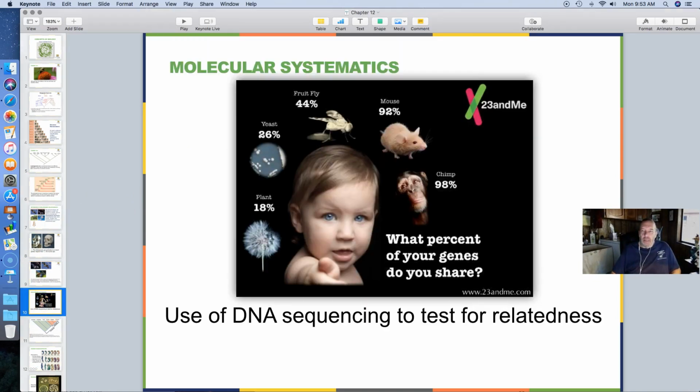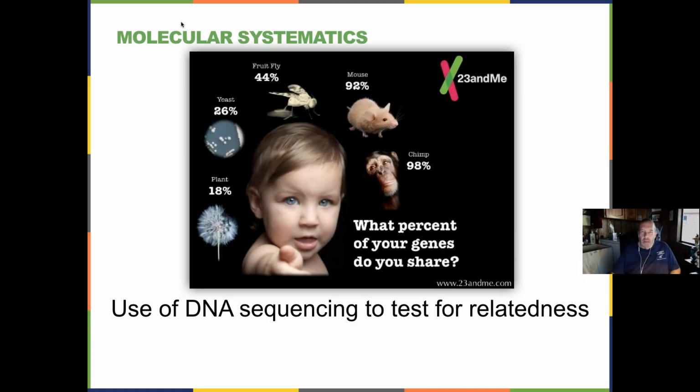But again, one of the really big steps in recent time has been the development of our understanding of DNA sequencing. And so that has allowed us to get a much better understanding using molecular comparisons to understand how closely some things are related. Again, we can tell from anatomy, external and internal, that we have a lot in common with other primates.